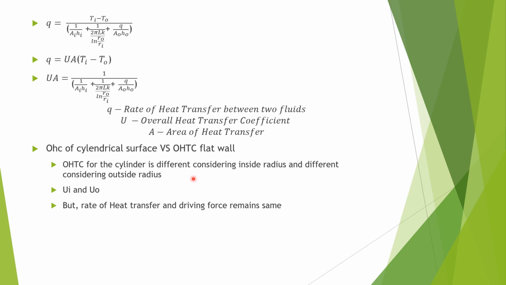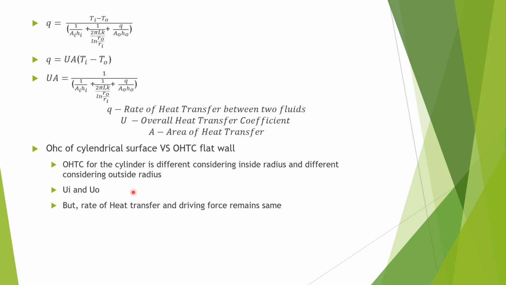That is, when we consider the inside radius of the inner pipe, we will get the overall heat transfer coefficient Ui. And when we consider the outside radius of the inner pipe, that is small ro, then we will get the overall heat transfer coefficient Uo. But the rate of heat transfer and the driving force remain the same.